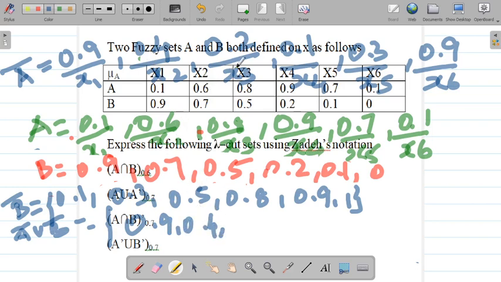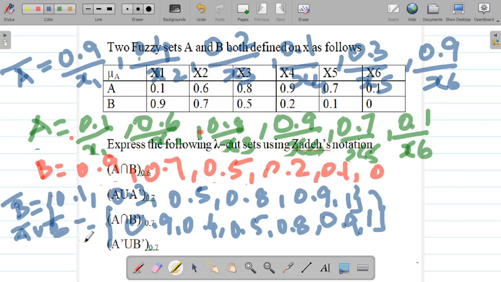Then here 0.2, here 0.5, so 0.5. Then here 0.1, here 0.8, so the answer 0.8. Here 0.3, here 0.9, which one is maximum? 0.9. Then 0.9, 1. Which one is maximum? 1. So it is the answer for A bar union B bar.